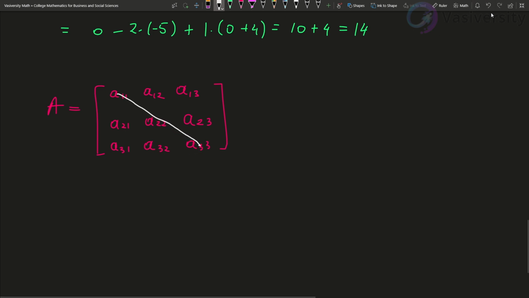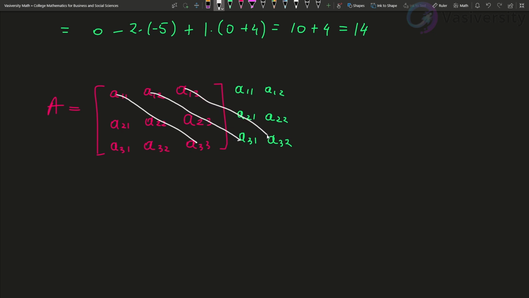Once we have a matrix, we can first write down the first two columns again: A11, A21, A31, A12, A22, A32. Now we can actually perform some math. We're going to multiply A11, A22, A33 plus A12, A23, A31 plus A13, A21, A32. Right? So that's part of the determinant of A here.